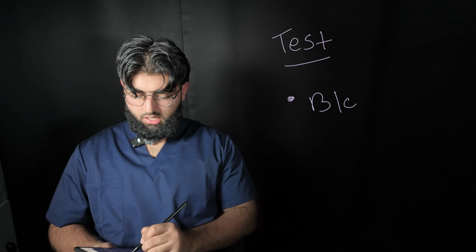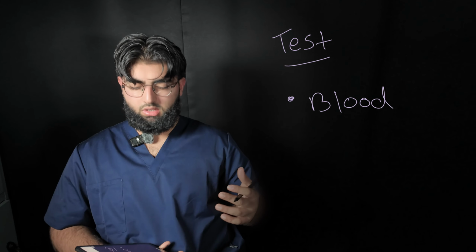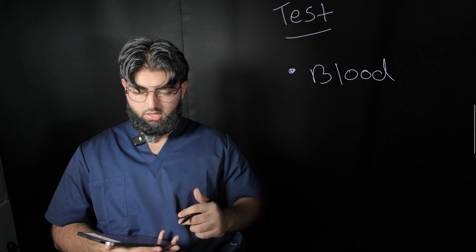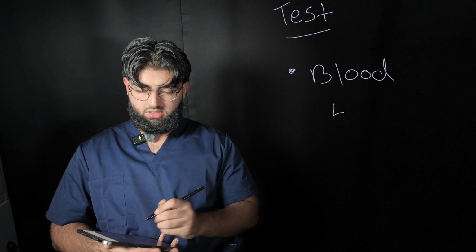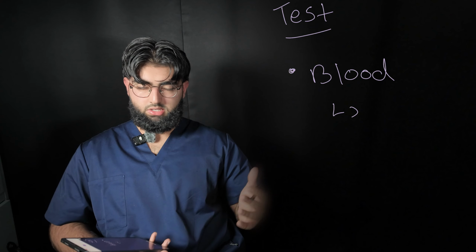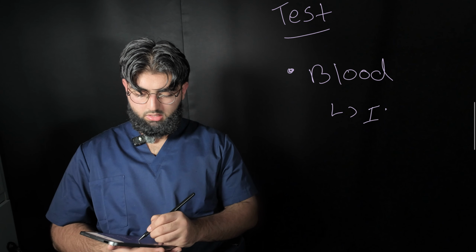Now, in terms of testing, right? So the different tests that we can do, what can we actually do? So the first thing we'll do is a blood test, right? Now, what sort of things are we expecting to see on a blood test in a patient with suspected appendicitis? So obviously, with appendicitis being an inflammatory pathology, we're going to suspect that there are increased inflammatory markers, right?